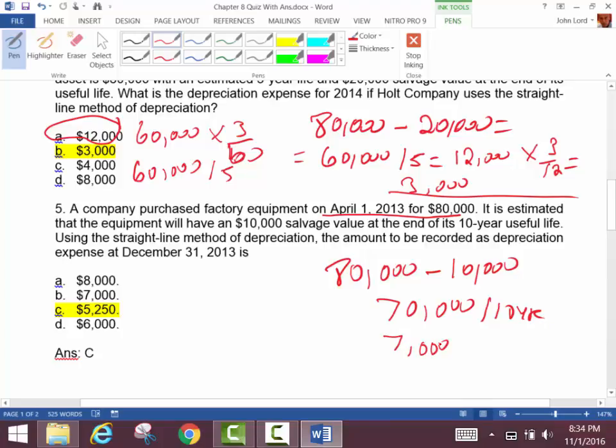Is that the answer? No, I have to multiply that times what? Times all of April, all of May, all of June, all of July, all of August, all of September, October, November, December. 9 months.